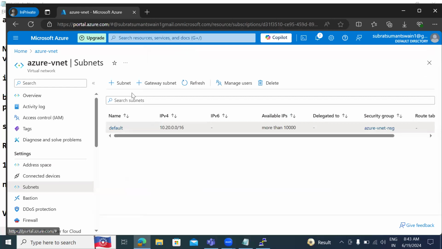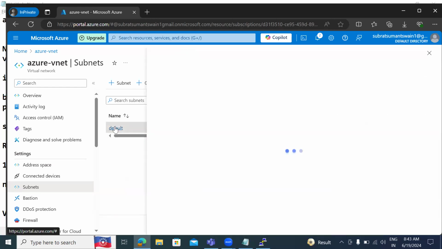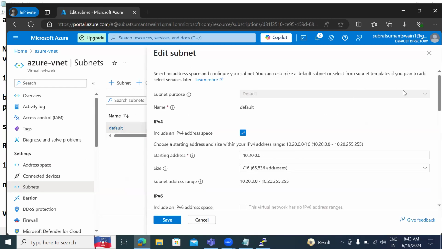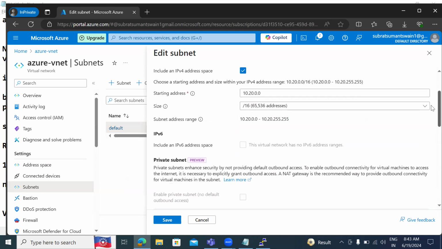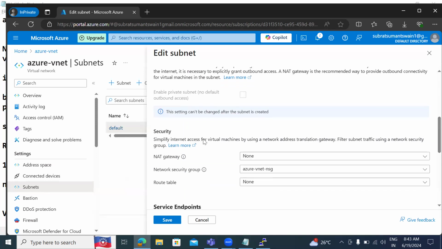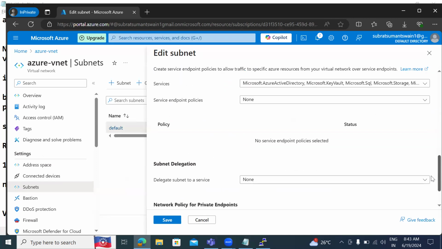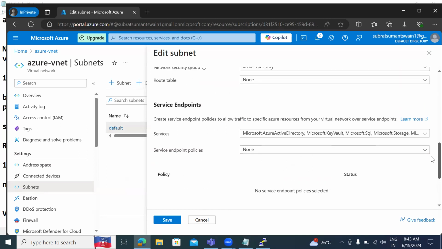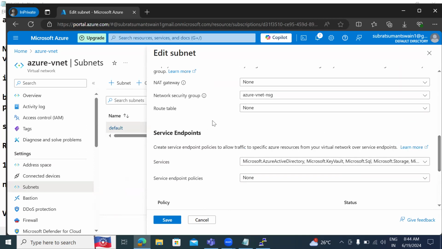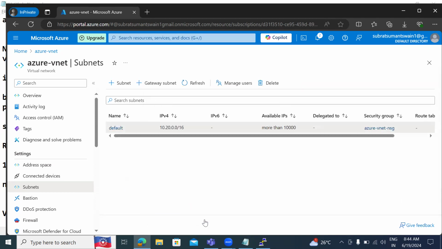When we go to the subnet, if it is a private subnet, we can attach a NAT Gateway, network security group, route tables, and even service endpoints also. So all these we are going to attach. Then VNet peering also we are going to establish.